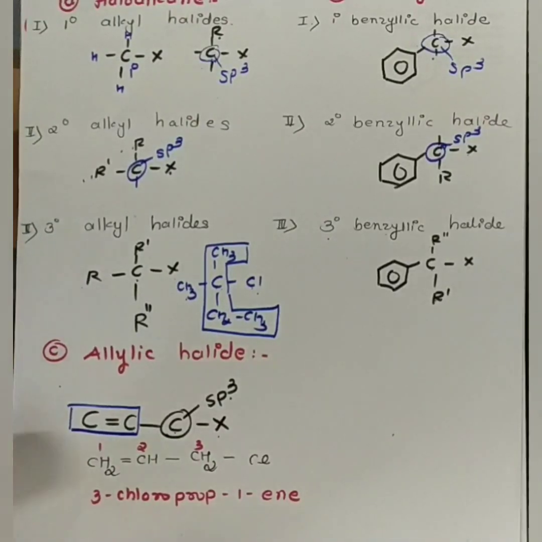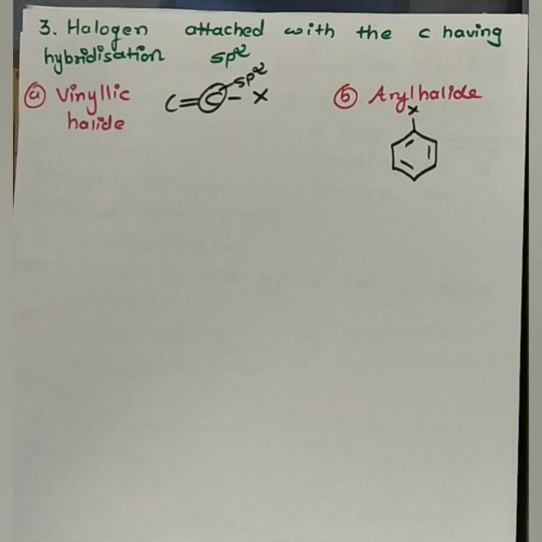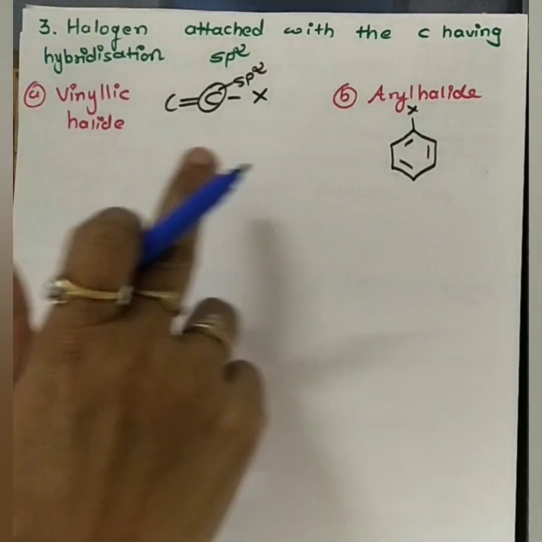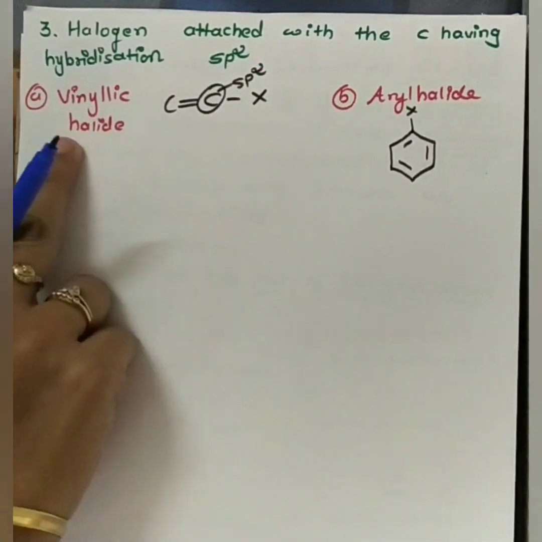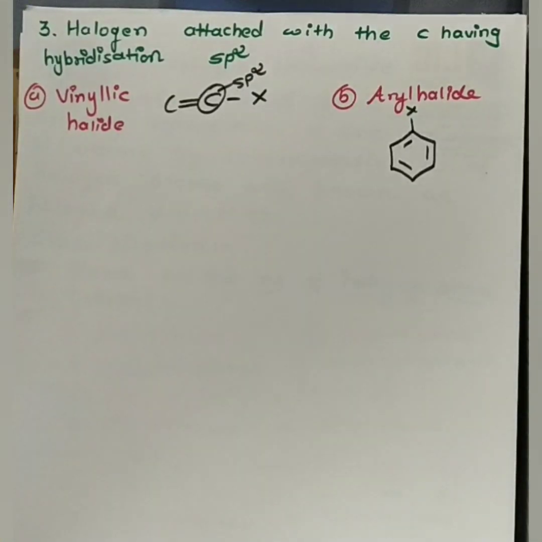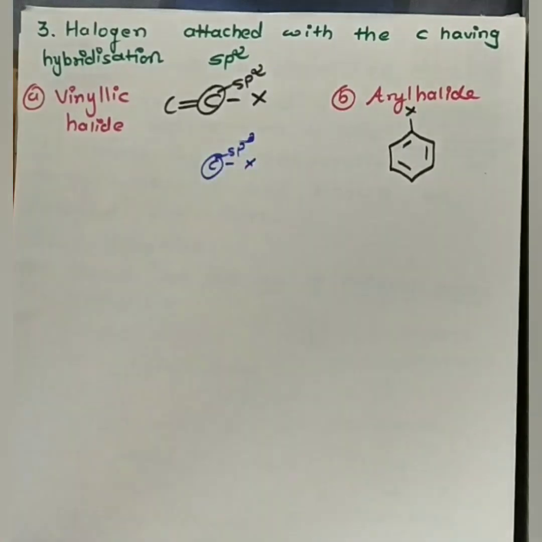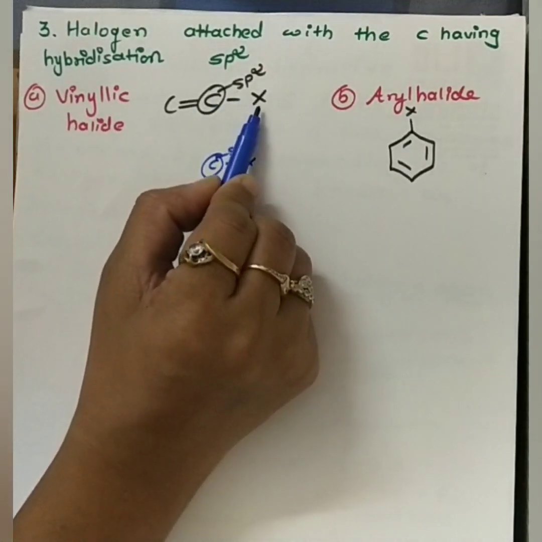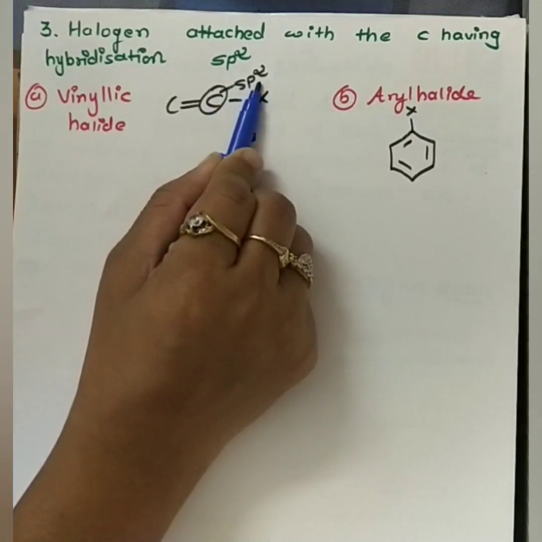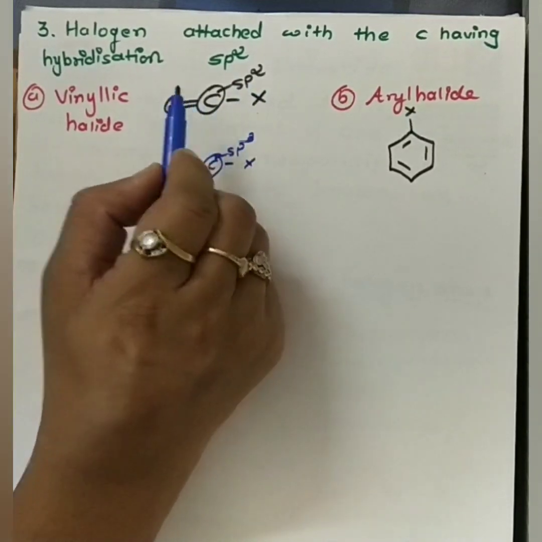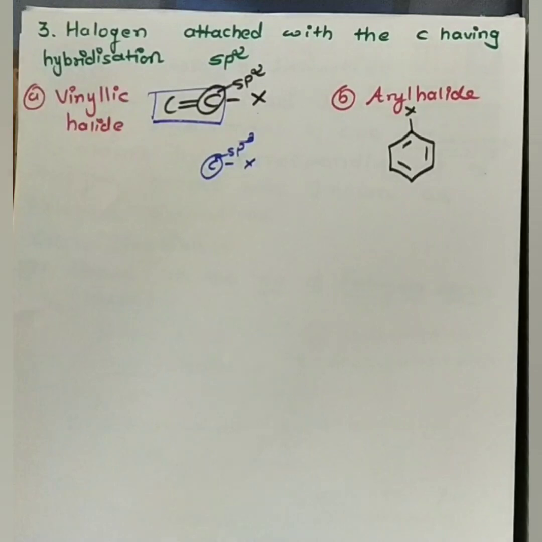Now the third part is halogen attached with a carbon having sp2 hybridization. This is divided into two parts. Vinylic. Listen, you will get confused between allylic and vinylic. In allylic, the halogen-bearing carbon is sp3 hybridized, whereas in vinylic, the halogen-bearing carbon is sp2 hybridized and the halogen is attached directly to the ethylenic double bond.